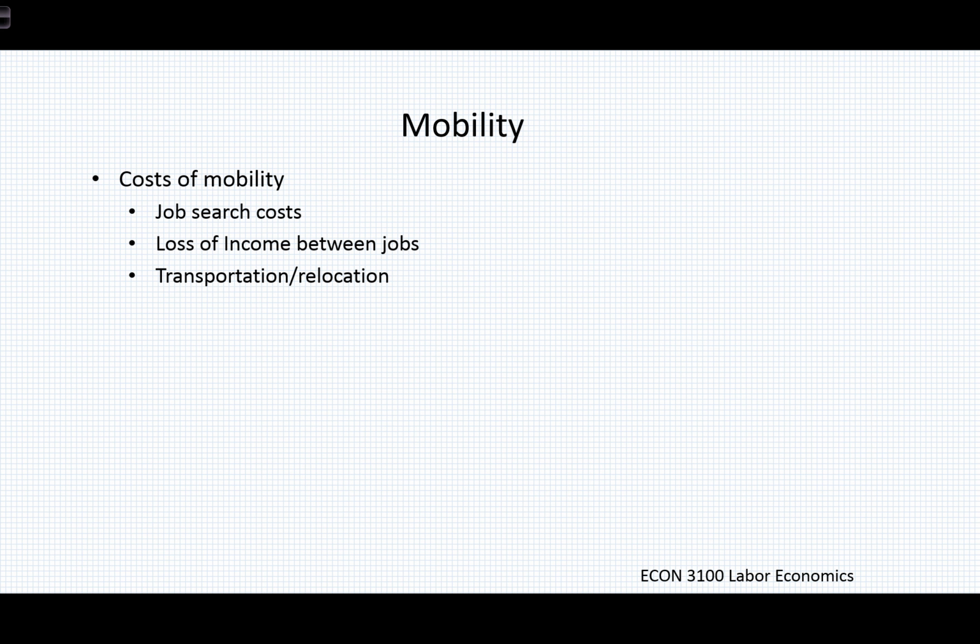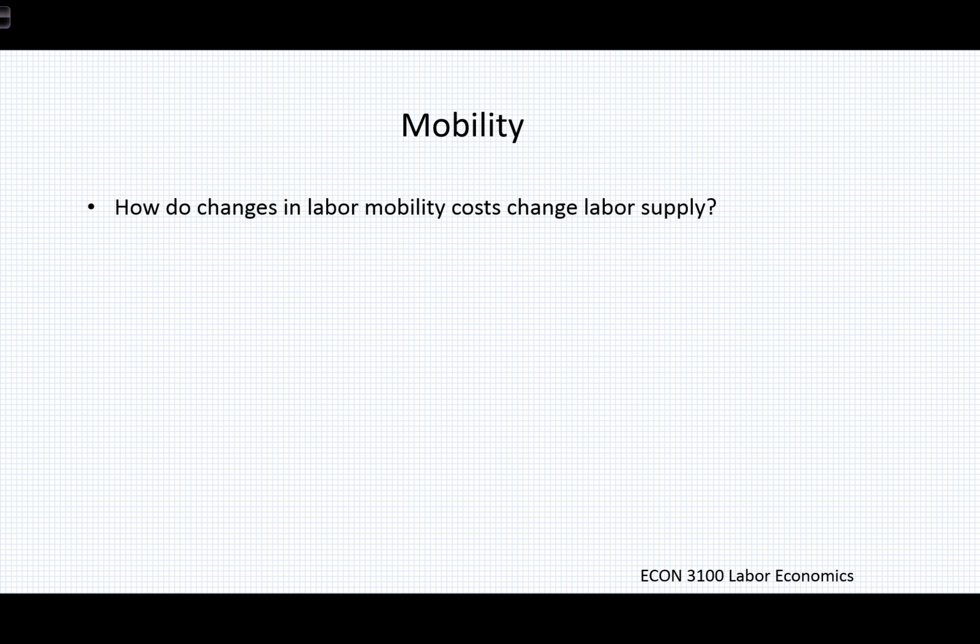But it may just as easily be mobility within the world, as we think about that more generally as immigration. Maybe I'm going from the United States to France or Mexico to the United States. So I have to think about the search costs, the time between jobs and loss of income. I have to think about transportation and relocation expenses. And so how might I consider these in terms of changes in the slope of the labor supply curve?